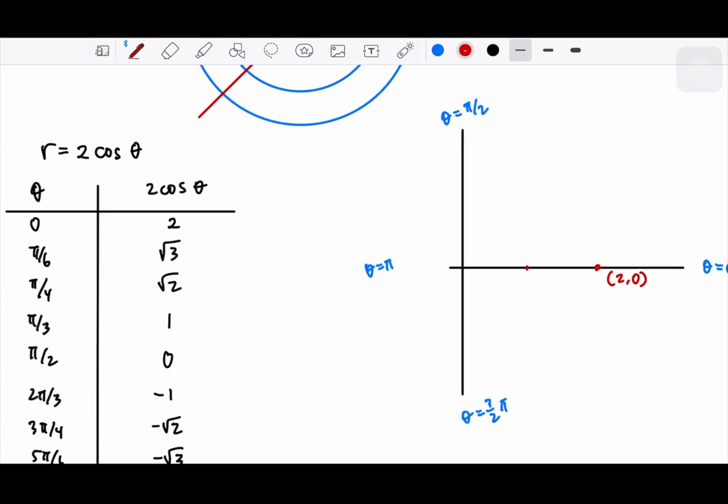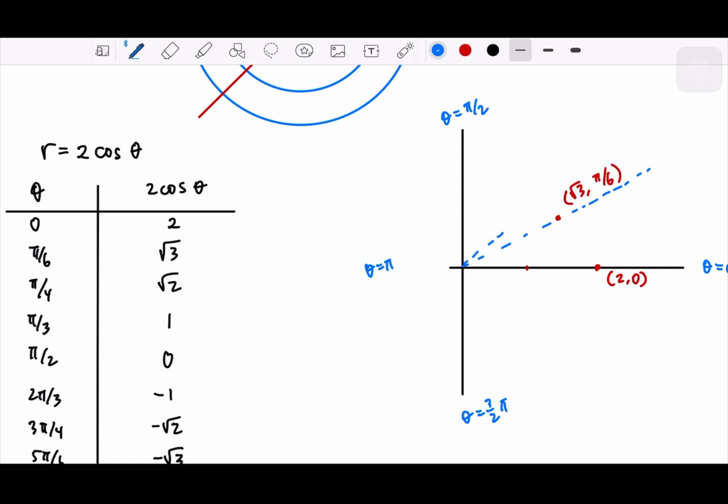And then pi over 6. Pi over 6 may be around here, and the radius should be square root of 3. So if this is 2, maybe around here, or maybe a little bit here. This will be square root of 3 at pi over 6.